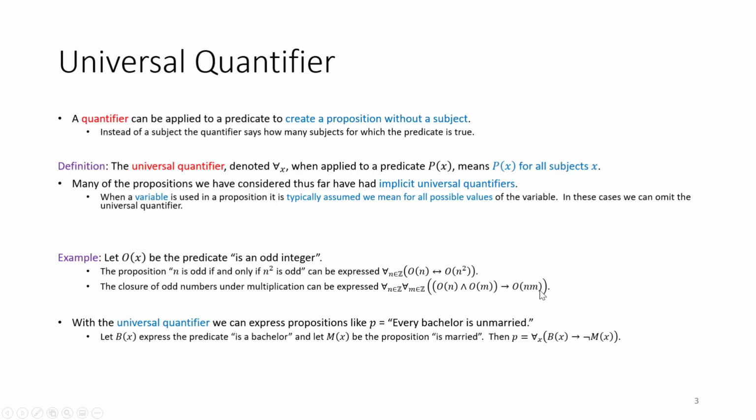Now the backwards version said, say you have a product, someone else multiplied two numbers together and gave it to you. The number they gave you is odd though. They didn't tell you what the two numbers were. Can you be confident that they're both odd? If you think the answer is yes, then the backwards arrow is also true. If you think the answer is no, then the backwards arrow is not true. Okay, I'm going to leave that for you to consider.